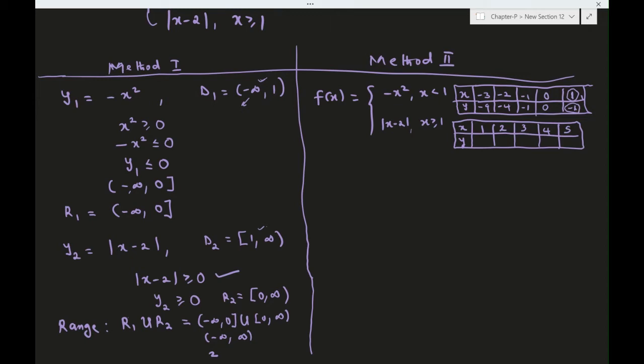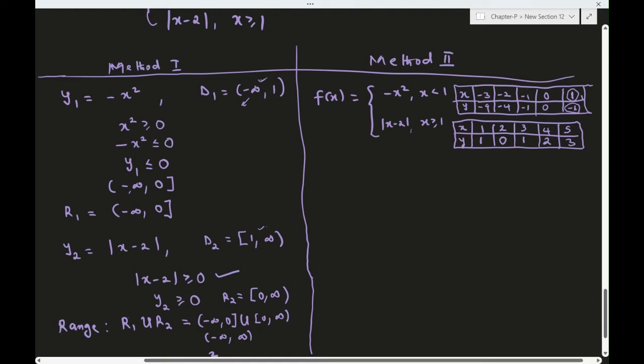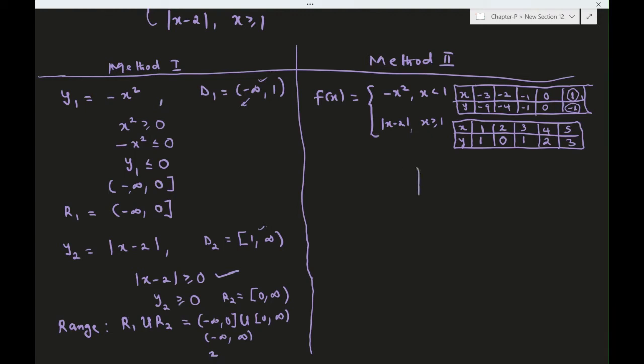We can have so many values. And here, for y, if you substitute x equals 1 into this piece, you will have absolute value of minus 1, which turns out to be 1. If you substitute 2, absolute value of 2 minus 2, this will be 0, this will be 1, this will be 2. And if you put x equals 5, you have absolute value of 3, which is 3. All right. So we will use this table to draw the graph.